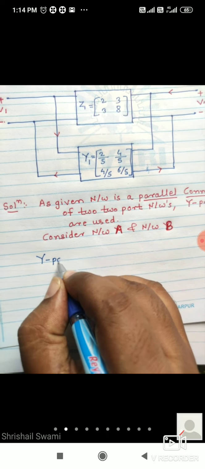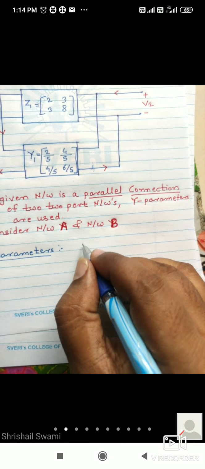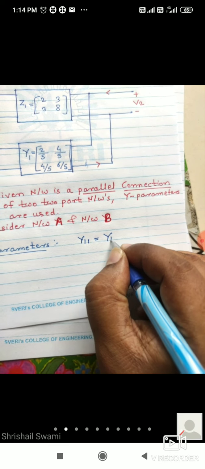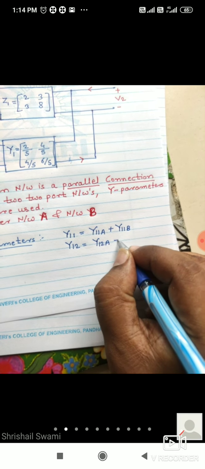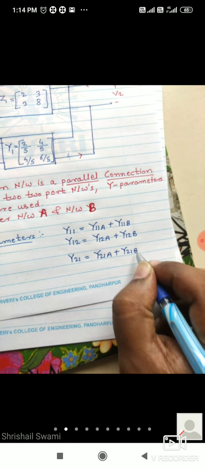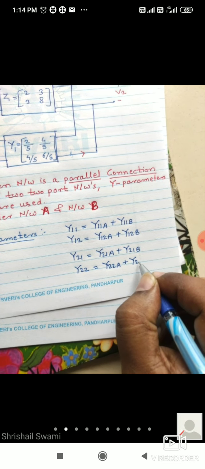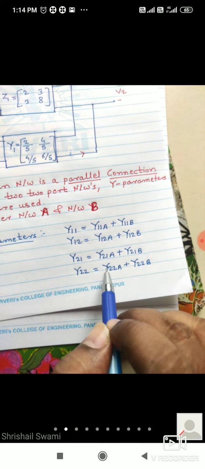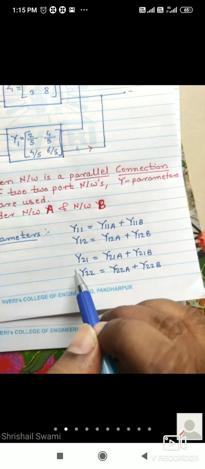The Y parameters are given by: y11 is equal to y11 of A plus y11 of B, y12 is equal to y12 of A plus y12 of B, y21 is equal to y21 of A plus y21 of B, and y22 is equal to y22 of A plus y22 of B. म्हणजे काय? नेटवर्क A चे Y पॅरामीटर माहित असायला पाहिजे, नेटवर्क B चे Y पॅरामीटर तुम्हाला माहित असायला पाहिजे, तरच तुम्ही ओव्हरऑल Y पॅरामीटर्स फाइंड आउट करू शकता.